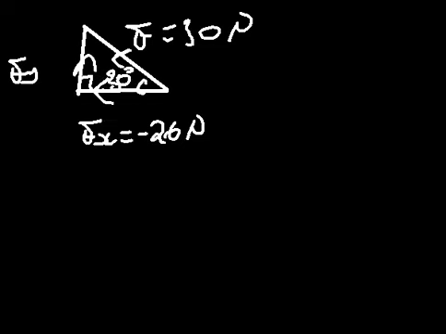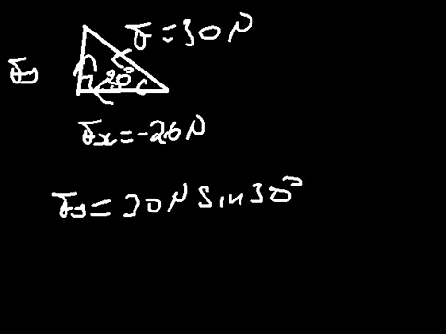And Fy, which is pointing towards the positive, is 30 newtons times the sine of 30 degrees, which is 15 newtons. Since it is pointing towards the positive, it is positive.